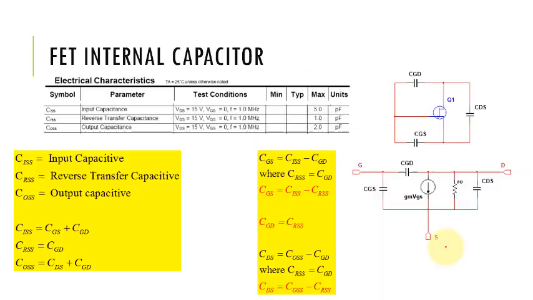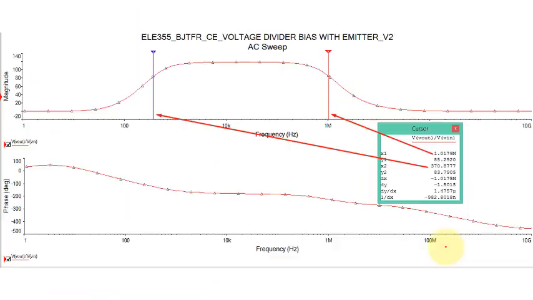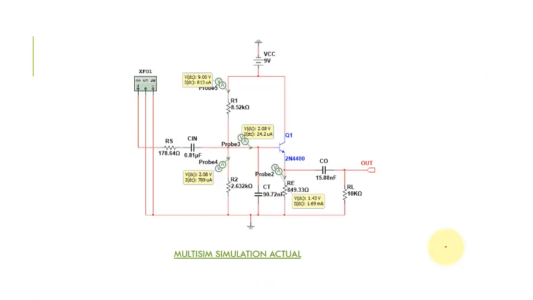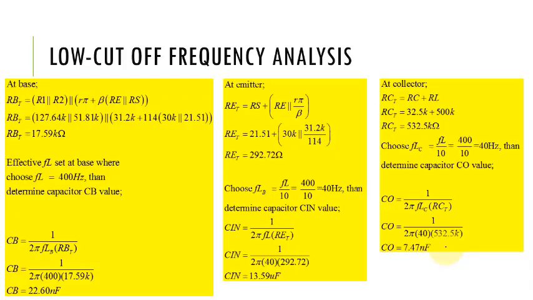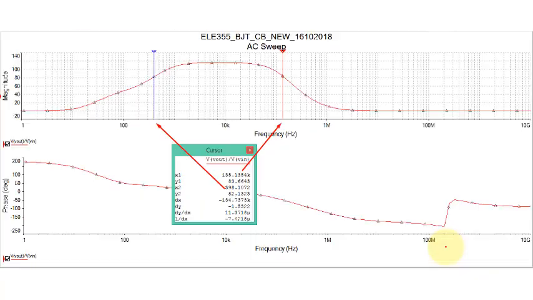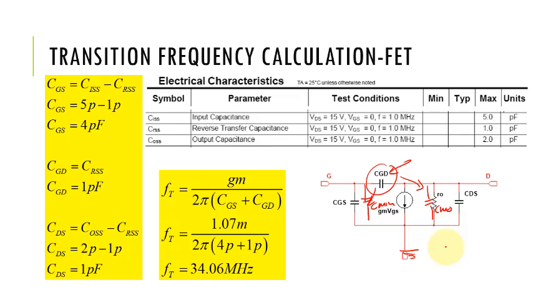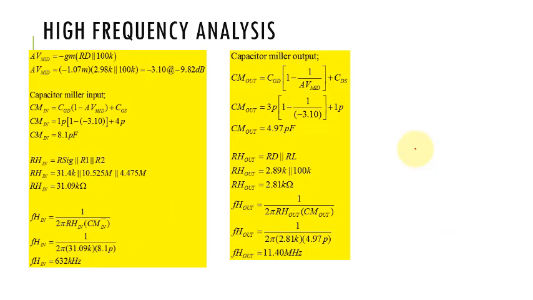So we apply this formula to determine, so we have the CGD, our capacitor Miller, then we can easily determine the capacitor at the input side and capacitor at the output side.